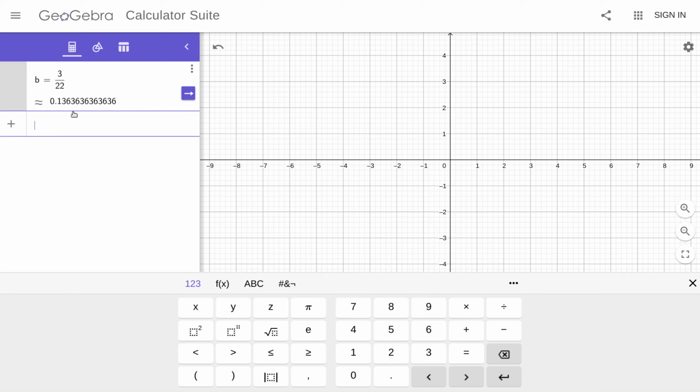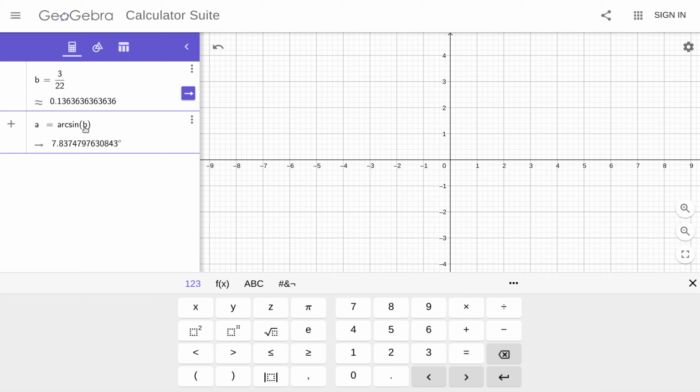So this gives us an approximation. And now we want to do the arc sine of b, right? So we can say a for alpha is equal to the arc sine. Notice that it's got a function for arc sine, so that's exactly right. Arc sine of b, and there we go.